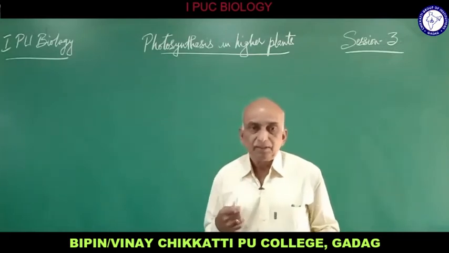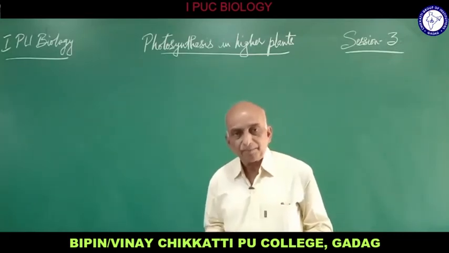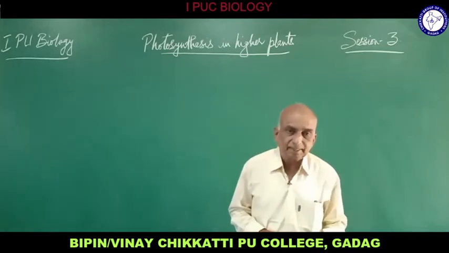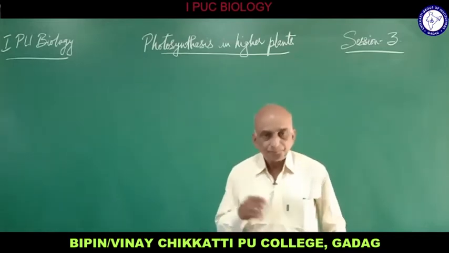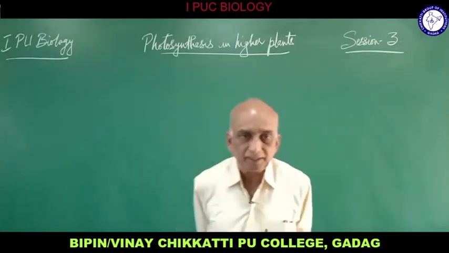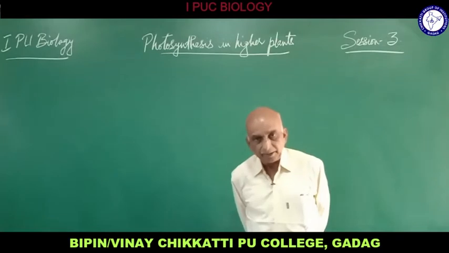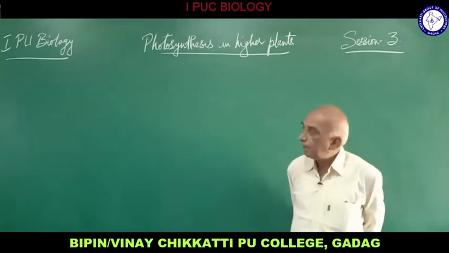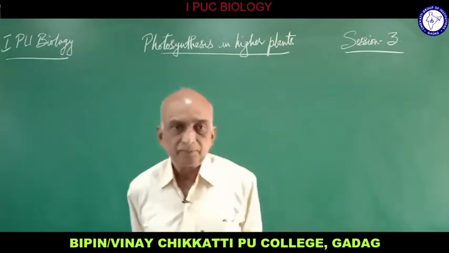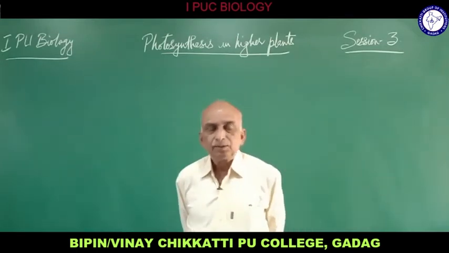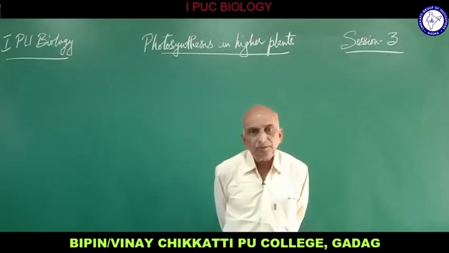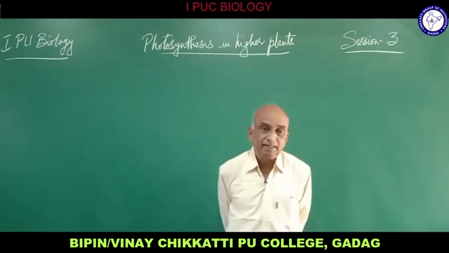That is, due to the light, the energy of the photon, the electron gets excited, and the excited electrons escape from the photosystem, and ultimately are lost from the chlorophyll. So this is photoexcitation.